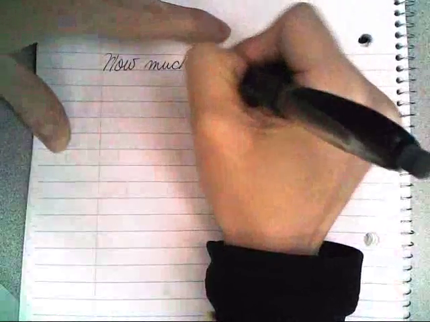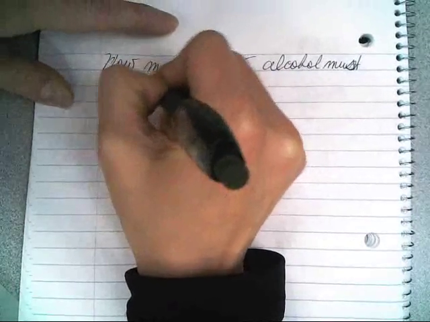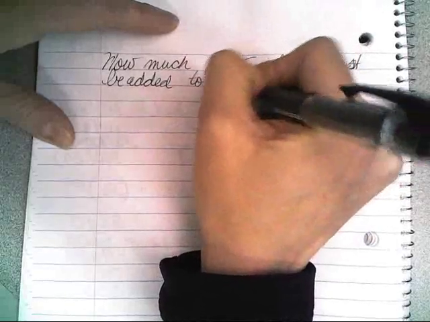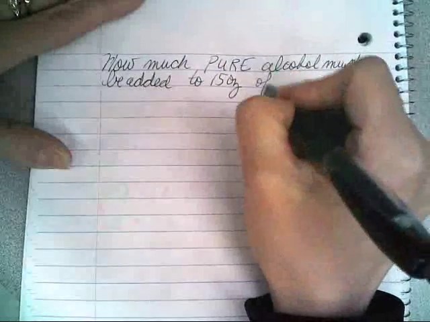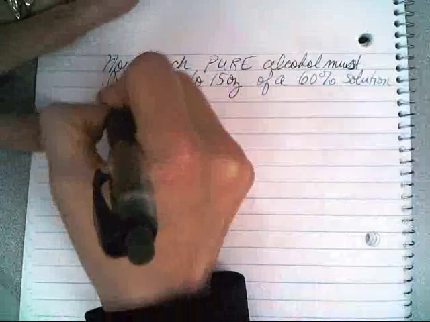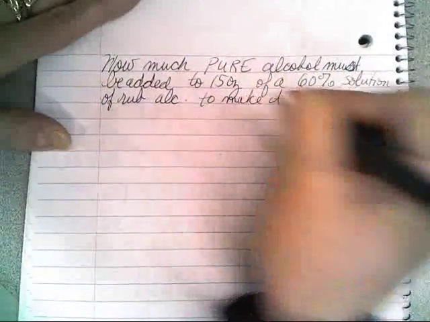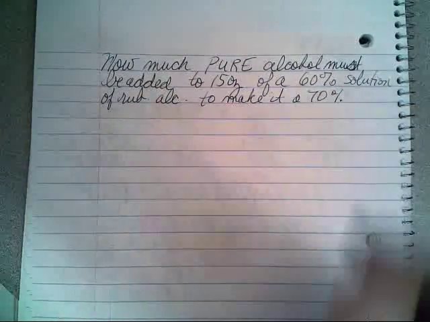And the next one I have is the same kind of thing, but it is how much pure alcohol must be added to 15 ounces of a 60% solution, and that's kind of standard for rubbing alcohol, to make it a 70% solution.